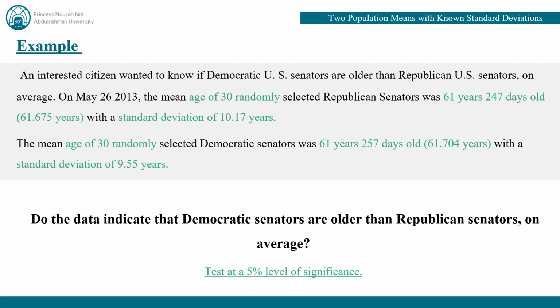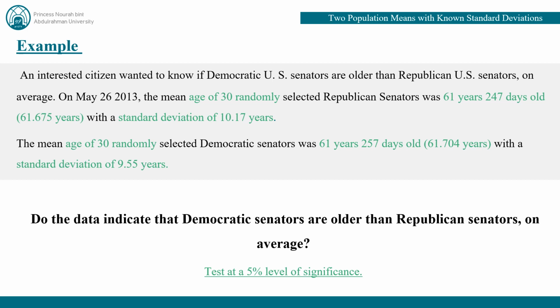On May 26, 2013, the mean age of 30 randomly selected Republican senators was 61 years, 247 days old, 61.675 years, with a standard deviation of 10.17 years.